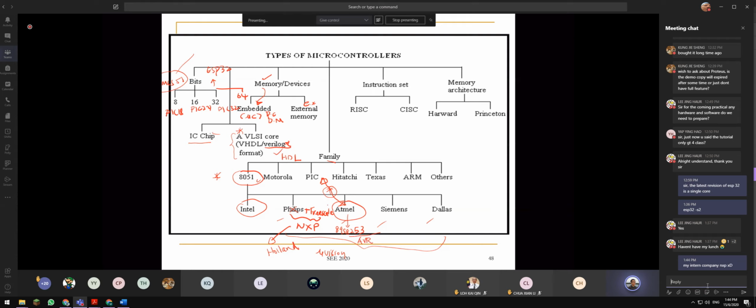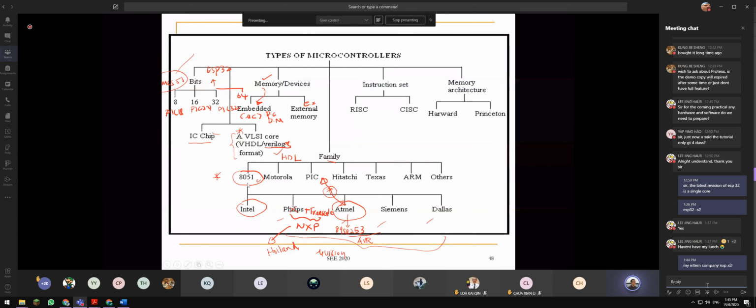That's why Microchip bought over Atmel. It became a very big family, and it already takes up half of the microcontroller market. Remember, Microchip has its own PIC16, PIC18, PIC24, and PIC33 or dsPIC33.